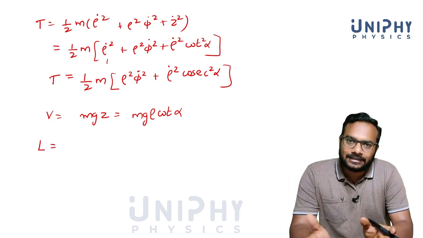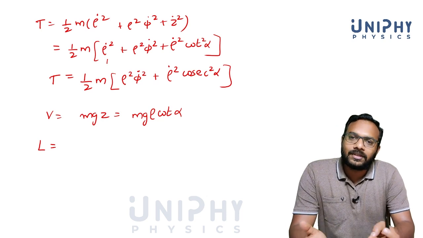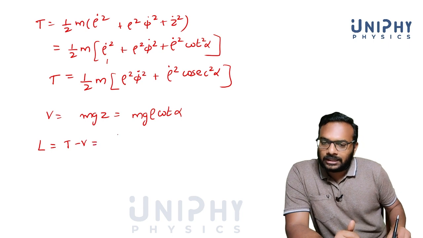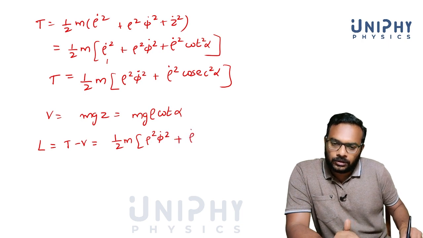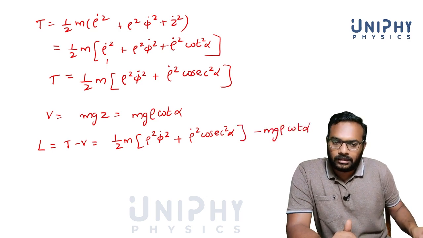We are actually done. This is the difficult part, the part which is different in every problem. So L equals T minus V, that's equal to half m times rho square phi dot square plus rho dot square cosecant square alpha, minus mg rho cot alpha.